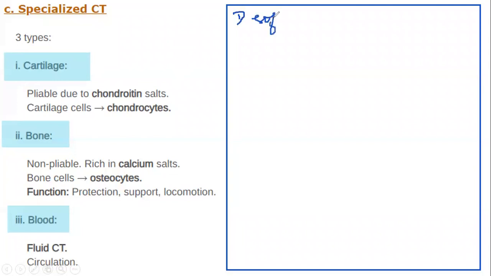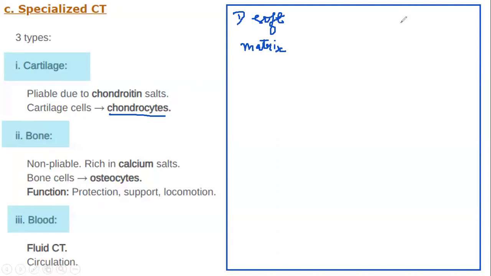Cartilage is the soft skeletal tissue, and the cells of cartilage are known as chondrocytes. They are enclosed in small cavities in which matrix-like material is filled.